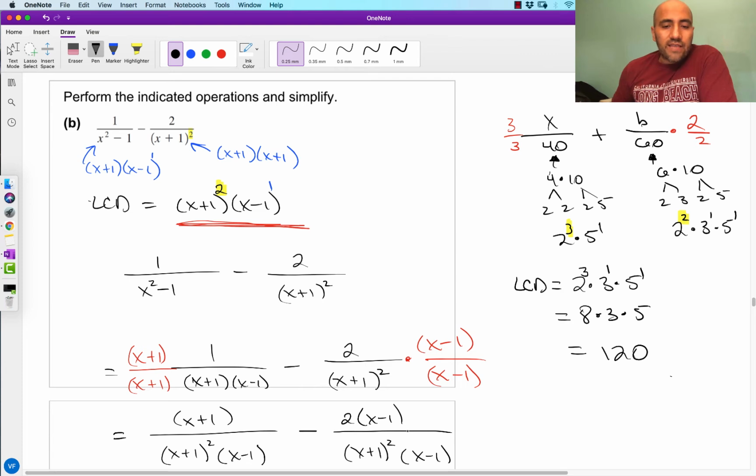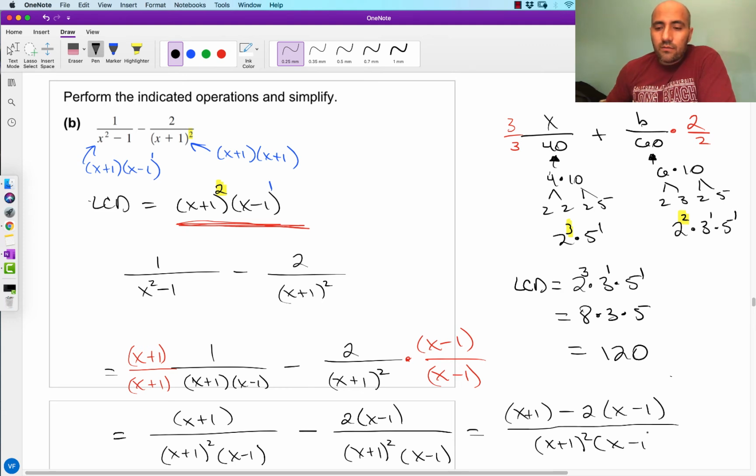So both fractions have the exact same denominator, and so then this will be equal to x plus 1 minus 2 times x minus 1, all over the same denominator, which is the x plus 1 squared times the x minus 1.